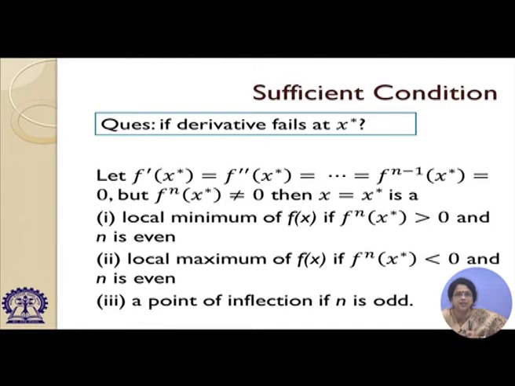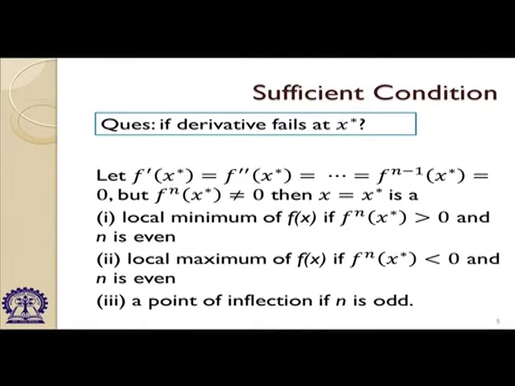If up to the n minus 1 derivative, the function derivative is 0 at that point, but the nth derivative of the function at that point x star is non-zero, then we can say x star is a local minimum if f n x star is greater than 0 when n is even.